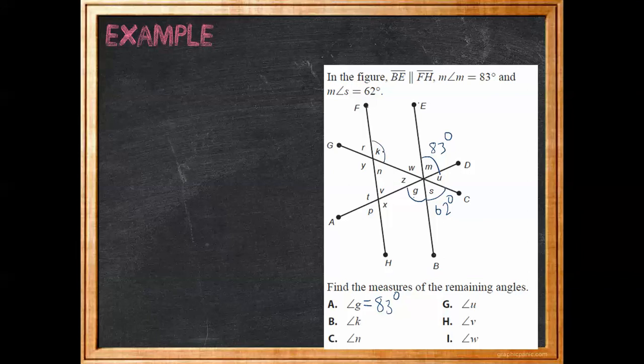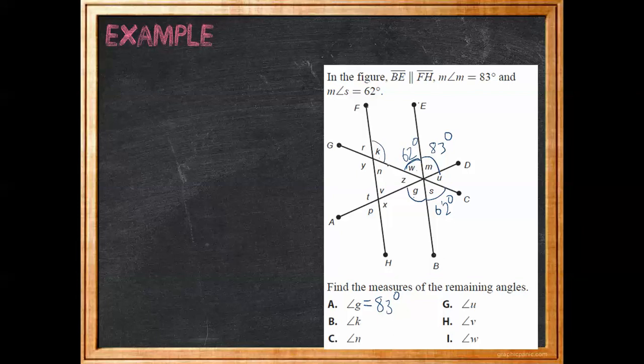Like here, we know that K and W are both same side interior angles, so they have to be supplementary. Now if we look for W, what do we notice right here? That W is vertical to S, so we know that W is 62 degrees.